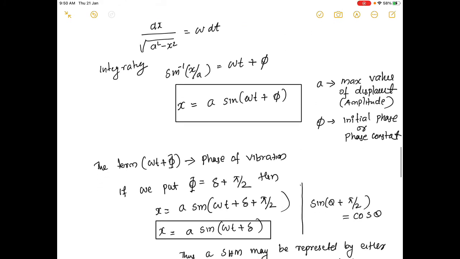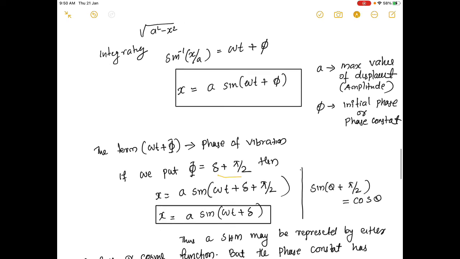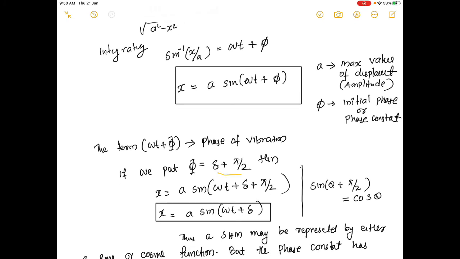The term omega t plus phi we call the phase of vibration. Suppose I consider the phase constant as another constant, delta plus pi by 2. What happens? Please check. We have x equals a sine omega t, and instead of phi, I substitute delta plus pi by 2. So it becomes sine of (omega t plus delta plus pi by 2). You know sine of (theta plus pi by 2) is nothing but cos theta.